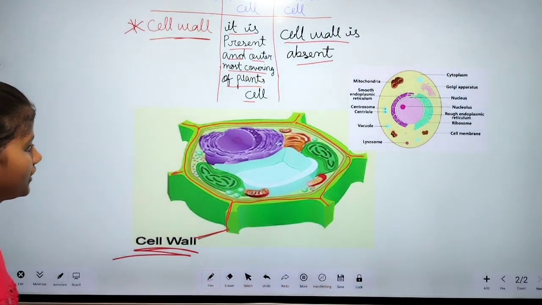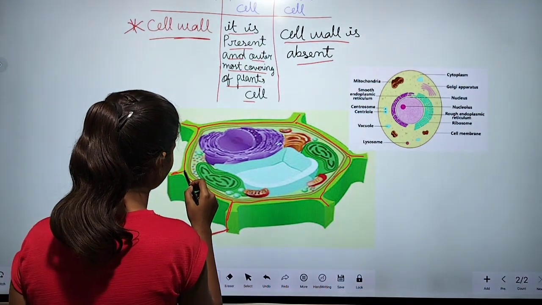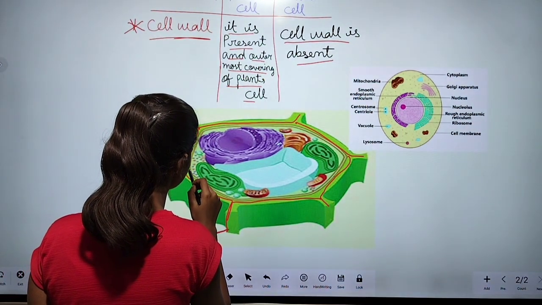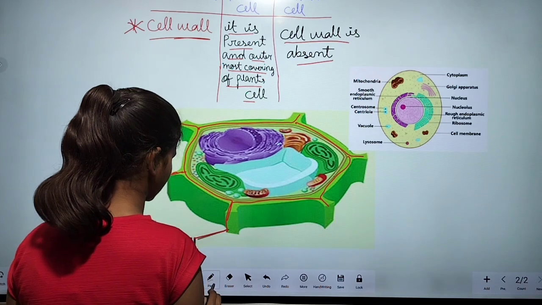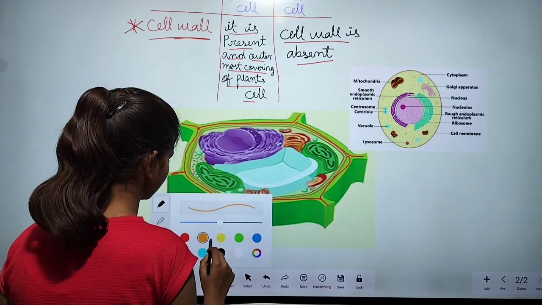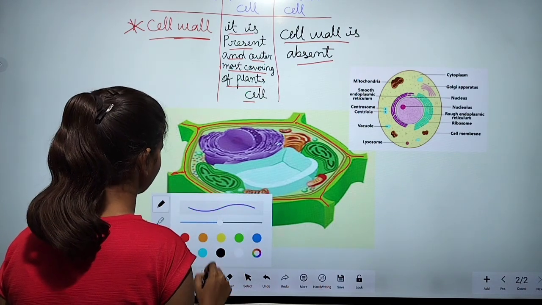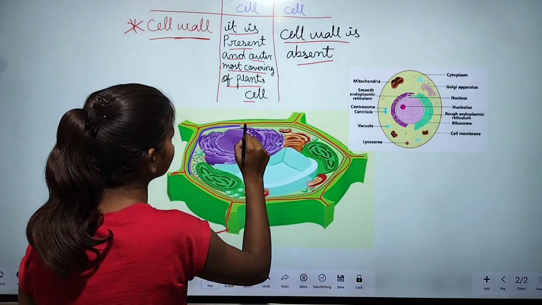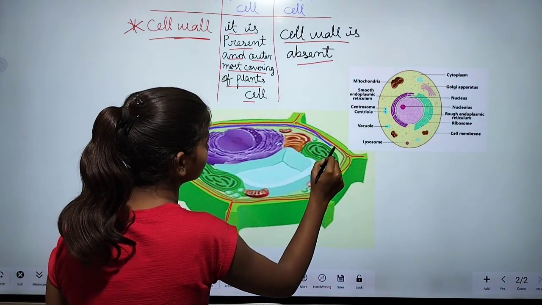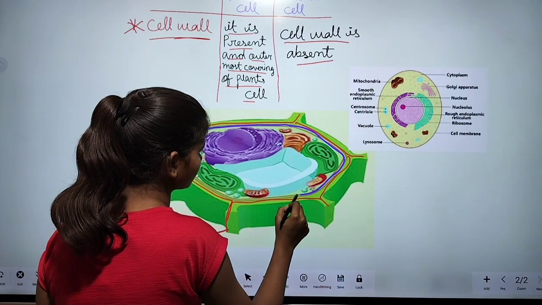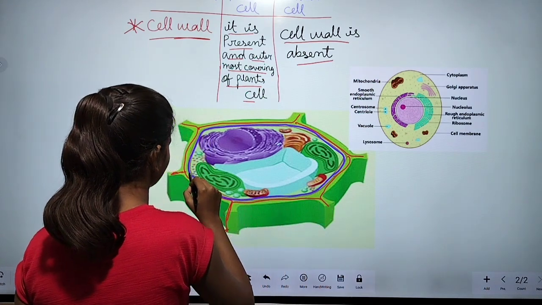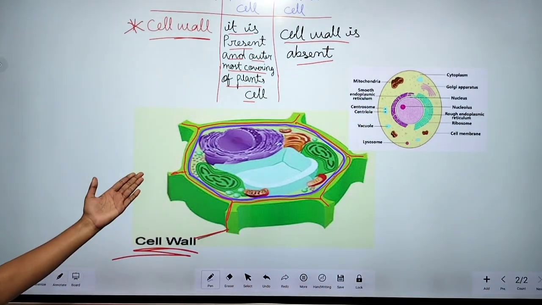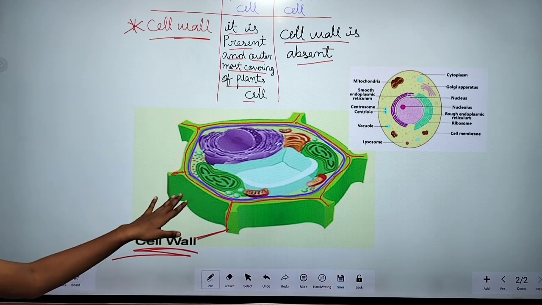Okay, and inside the cell wall, this one is plasma membrane. Okay, and the outermost covering of plant cell is cell wall.